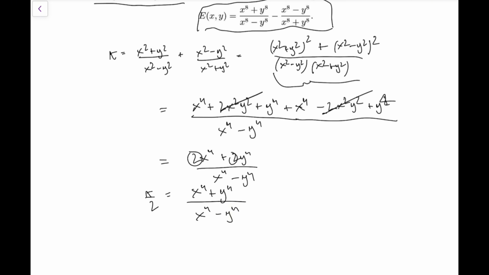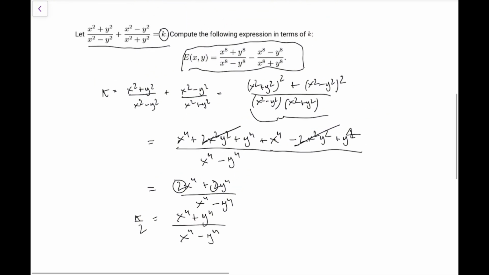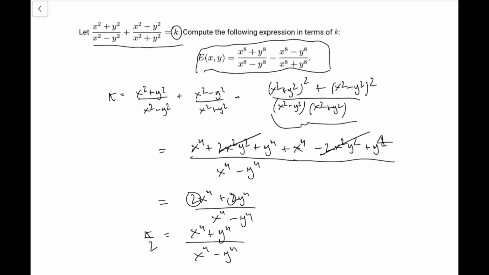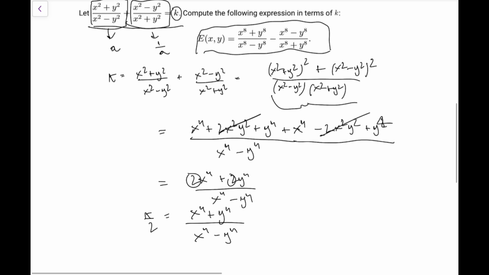And now what we're going to do is calculate what we calculated earlier: this number plus this number and their inverse number. So if we substitute this number with a, this one's going to be 1 over a. And we're basically going to do the same with k.